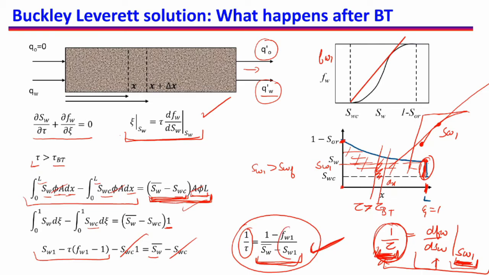This point is FW versus SW. And what is this point? This point is FW is equal to 1, and at this point we will get SW bar. If this is my point SW1 and I draw a tangent to it, where that tangent intersects the FW is equal to 1 line, that point will give me my SW bar.